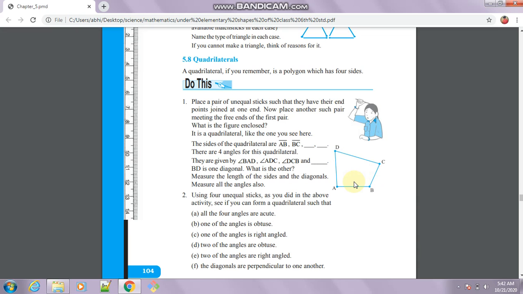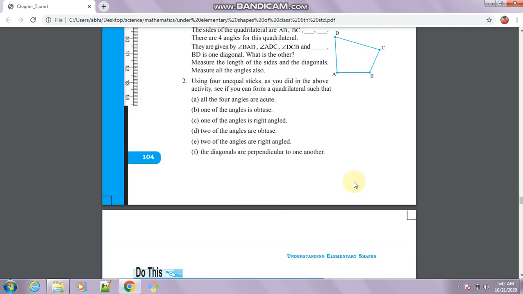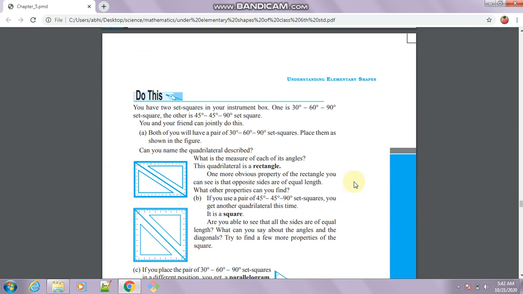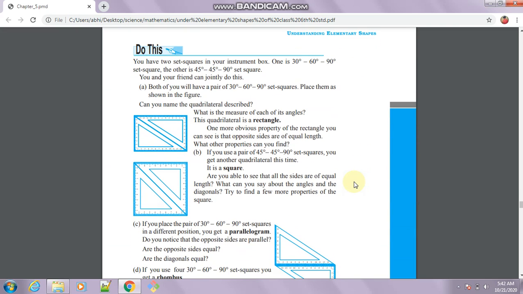Okay, students. Based on this, we'll be having so many problems where we'll be using this. Now I want to introduce the next one, the quadrilaterals with four sides.